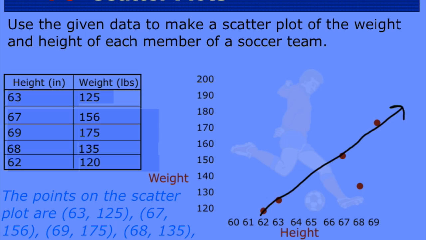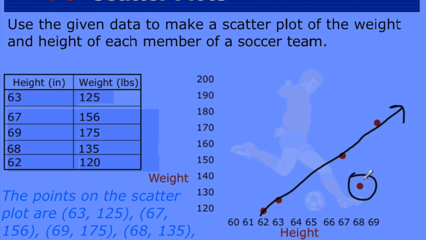The line is very close to these 4 data points, and this little straggler over here would be considered our outlier because it's the farthest away from the line. All the other 4 points do a pretty good job of being close to the line. So this is considered the outlier.